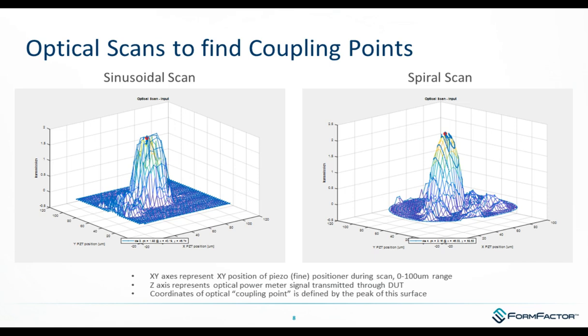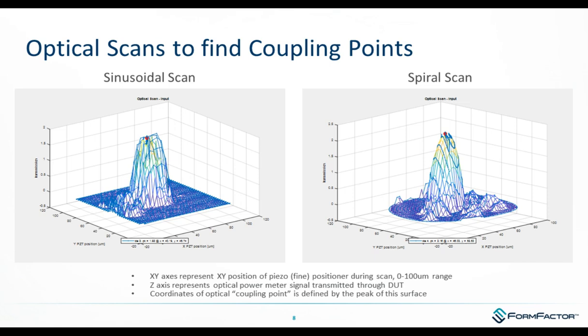On the right is a spiral scan where the sinusoid is now in an angular motion and the radius is this sweep axis, and it's a ramp, and so it starts in the center and spirals outward. In both cases, the Z dimension here is the transmitted power through the DUT as received on the far side of the optical power meter.